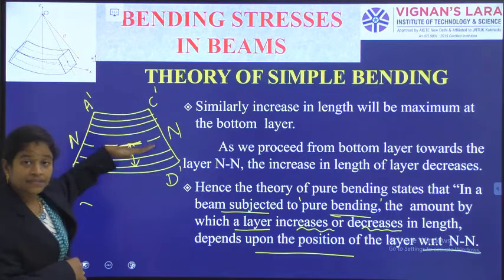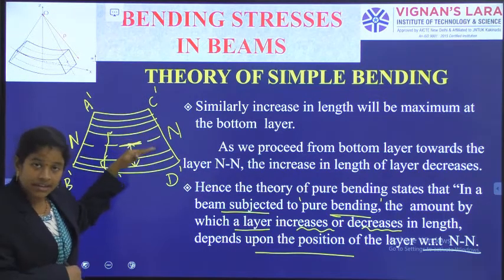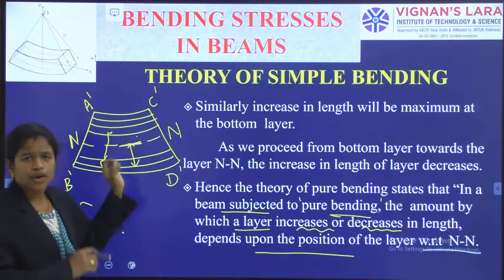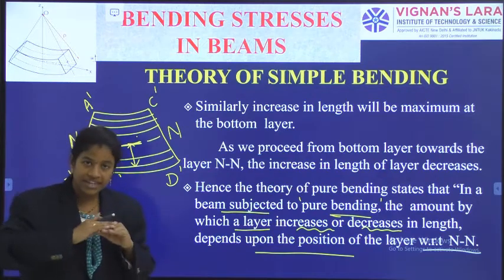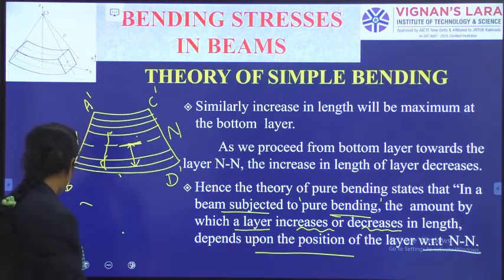So if it is very far from the neutral layer, it will have the maximum change in the length, the maximum increase in the length. Maybe if it is somewhat nearer, more increase may not be observed, more decrease also may not be observed. When it is very far from the neutral layer only, more changes will be observed.